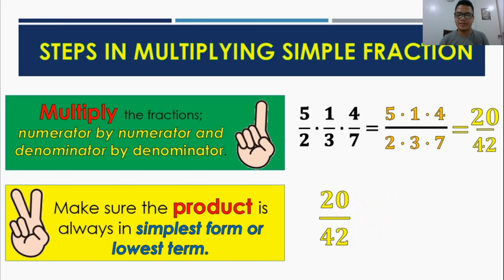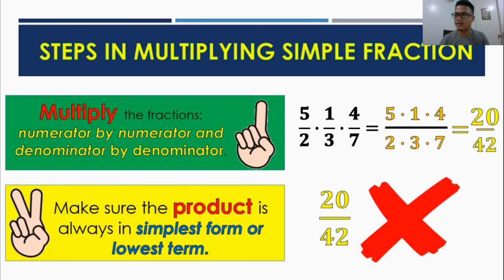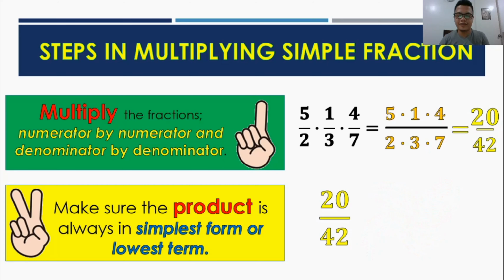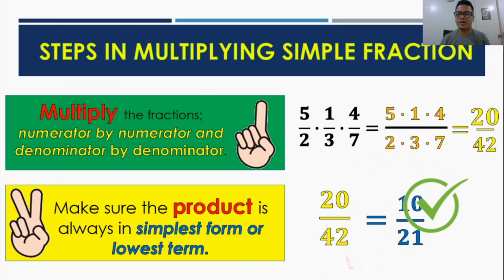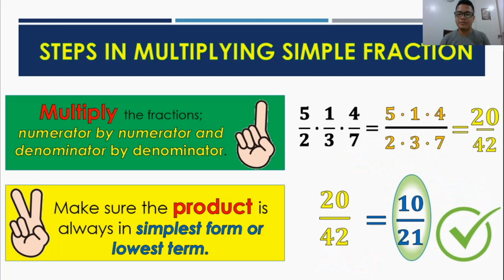So is it in lowest term? It's not yet in lowest term. So first we get the GCF. Kindly check and get the GCF. So now the GCF is 2. Now let's divide it. 20 divided by 2 will give us 10, and 42 divided by 2 will give us 21. And therefore, that will be our final answer.